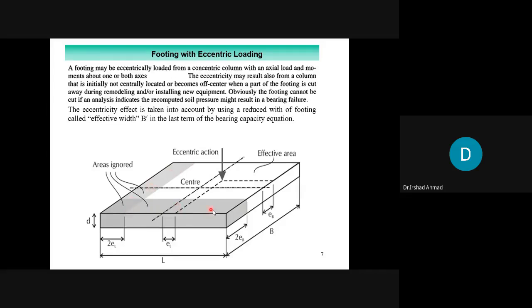Once you ignore this, the load would automatically become concentric, but with reduced footing dimensions, which are this white. So this dimension would be B prime, which is B minus 2EB. And this dimension would be L prime, L minus 2EL.